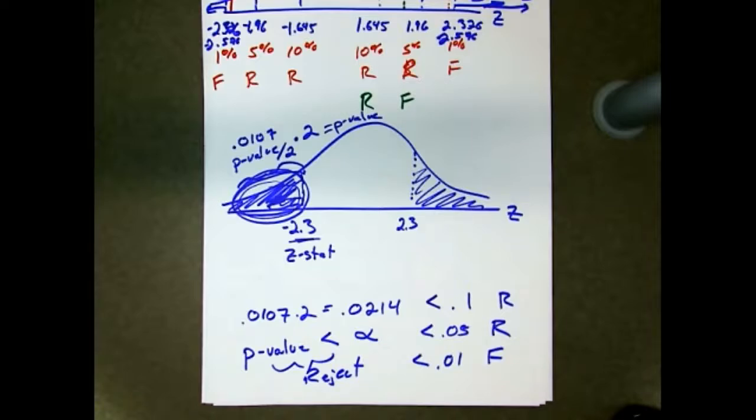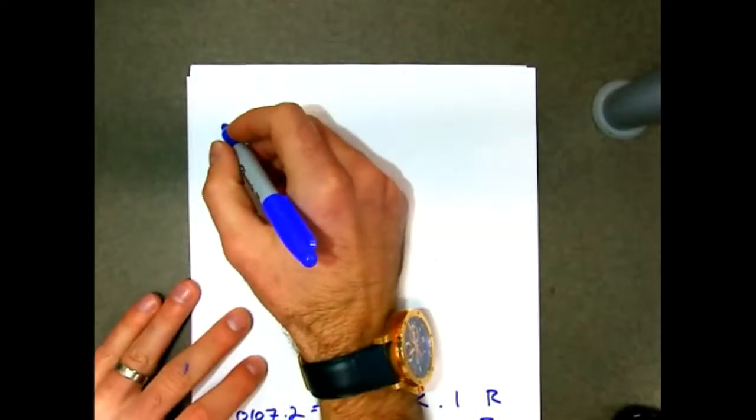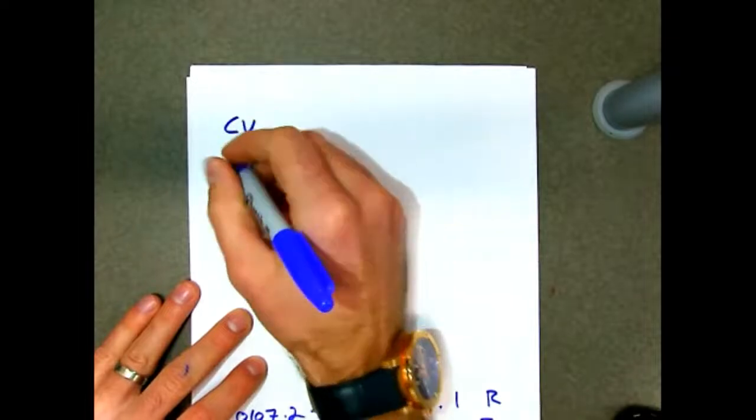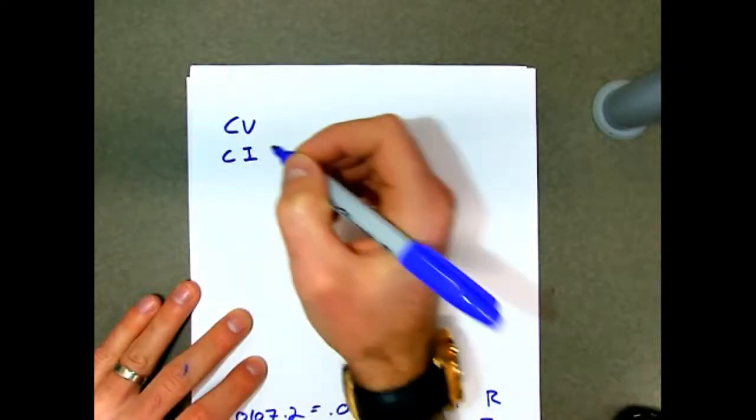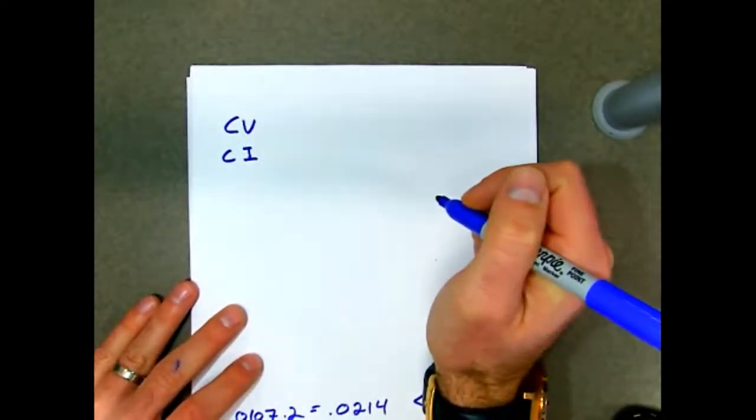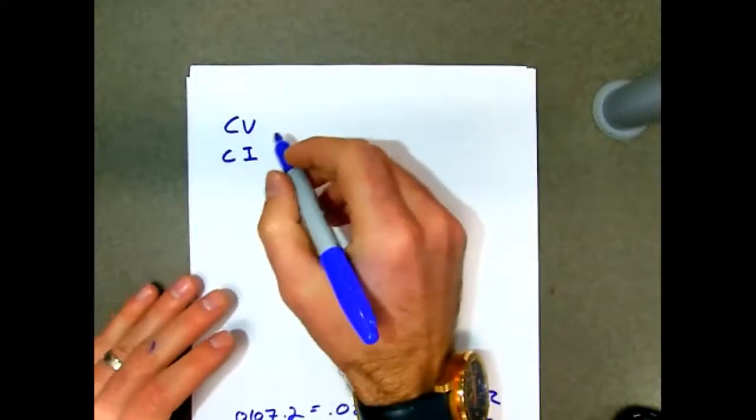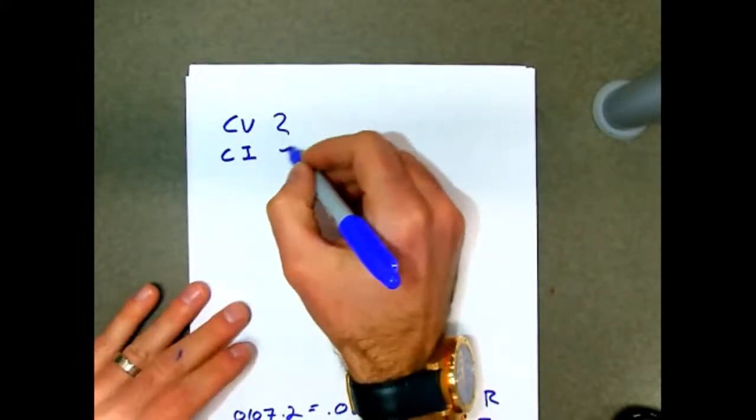I think if there's anything else I want to say here, before we move on. So one thing that might be helpful when you're looking up p-values or critical values, especially when it's using that standard normal table, if you're looking up critical values or you're trying to find those z-values for confidence intervals, you know the area in the tail and you want to find the z-value.